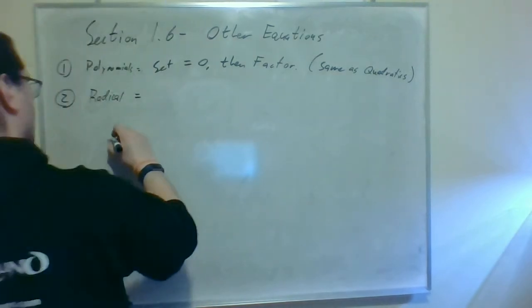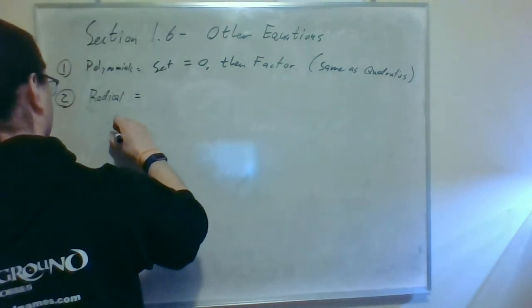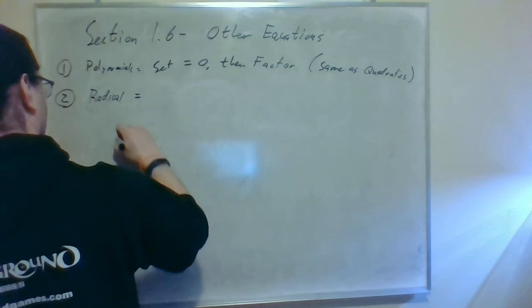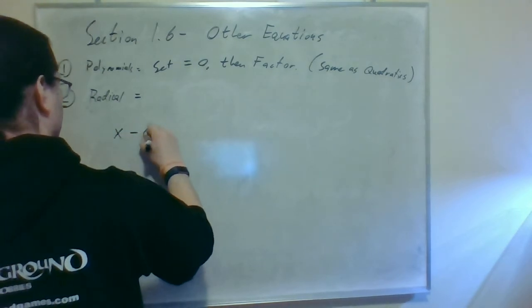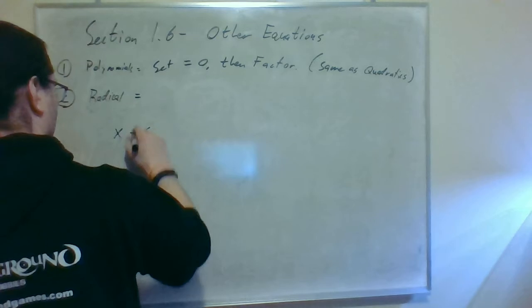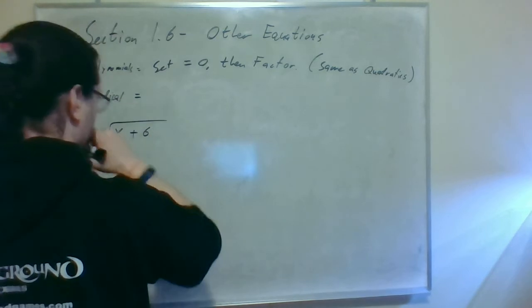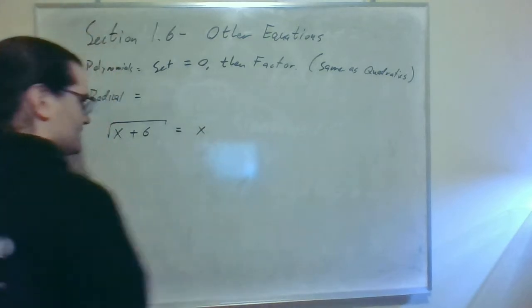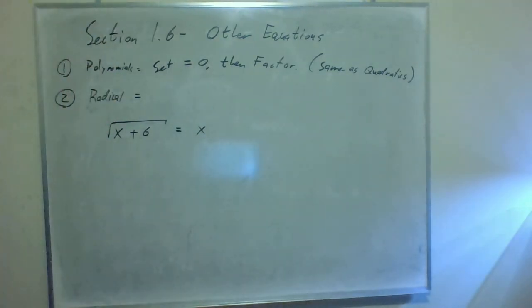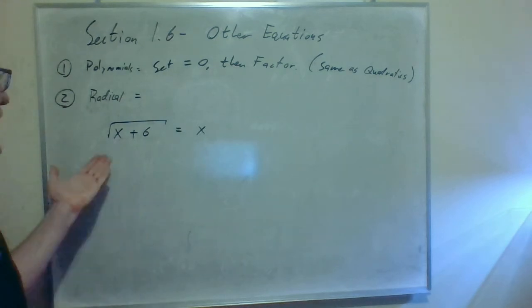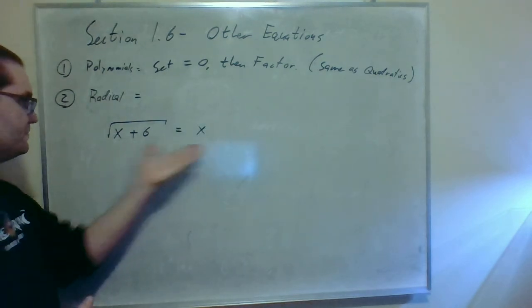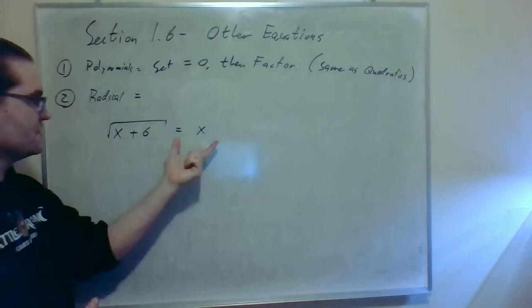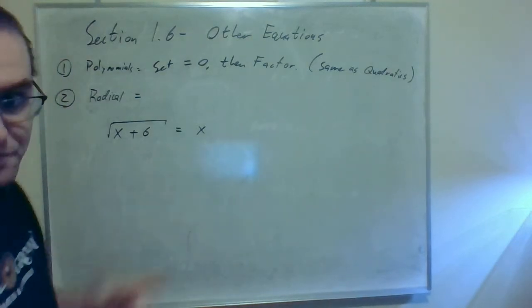Sometimes you get things like the square root of x plus 6 equals x. This is a radical equation. It is an equation. There's a radical involved and some x's.